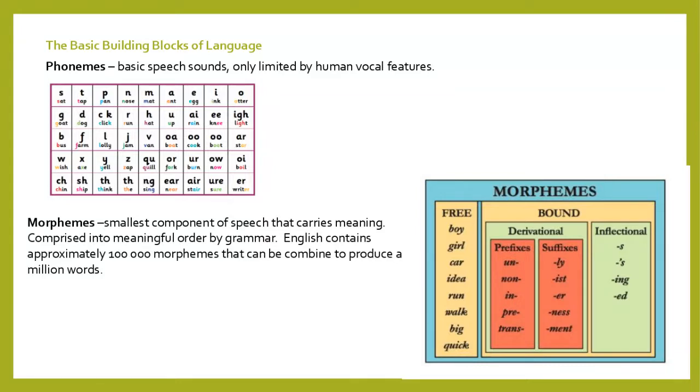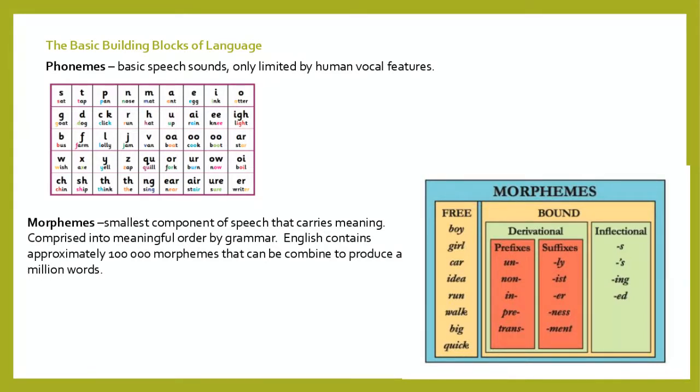So there's actually a phonetic alphabet, which basically says how you say certain letters, like k, k for cat. It's your phonemes, your basic speech sounds that your own voice box lets you pronounce. And then the next part of your building block is it takes those phonemes and makes them into morphemes, which are your words that carry meaning, the smallest components of speech.